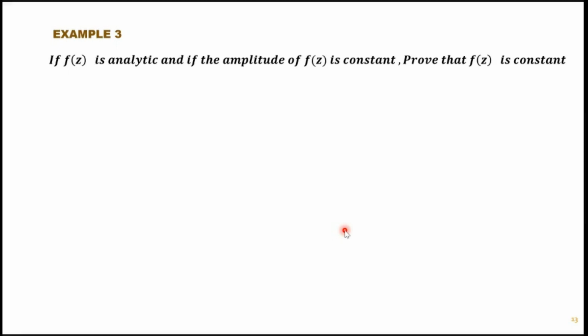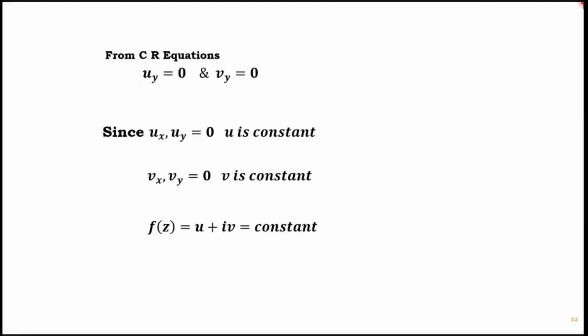Next question. Previous slide, 1 second. ठीक है. ux uy 0, vx vy 0, therefore u and v are constants.